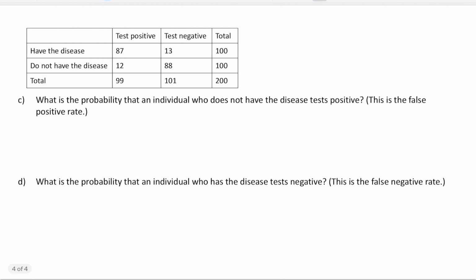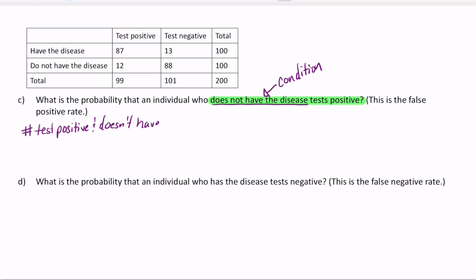The next question says, what is the probability that an individual who does not have the disease tests positive? This is the false positive rate. This also has a condition to it. Our condition is the people who do not have the disease. So we're looking for people who tested positive but do not have the disease.